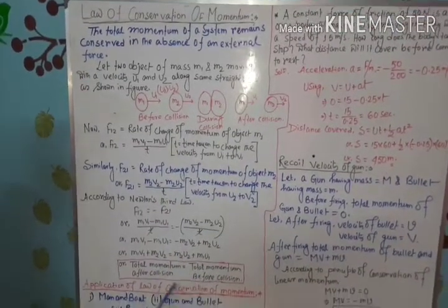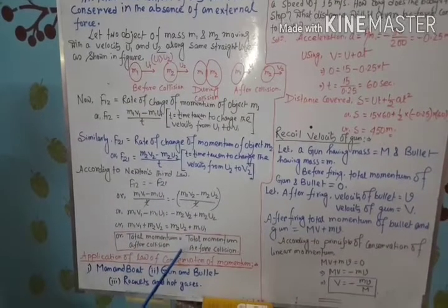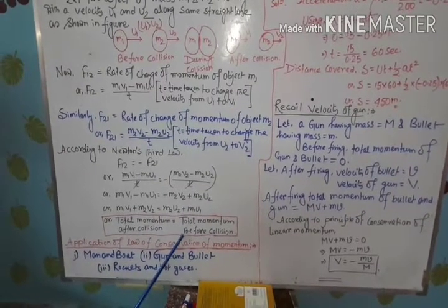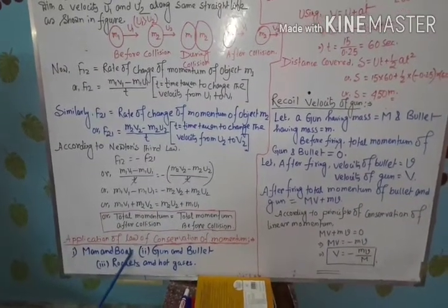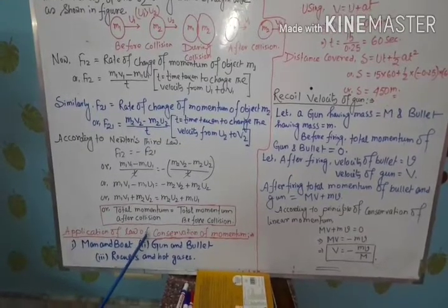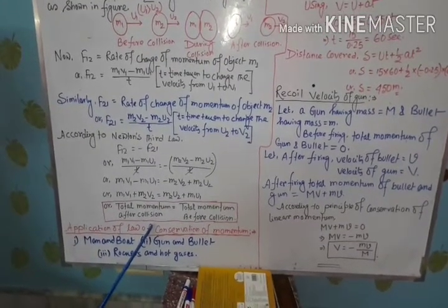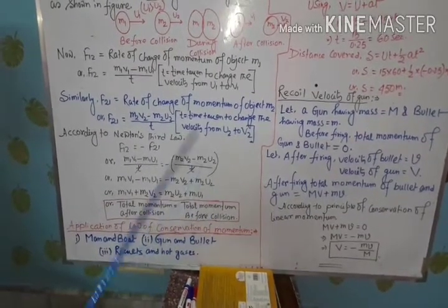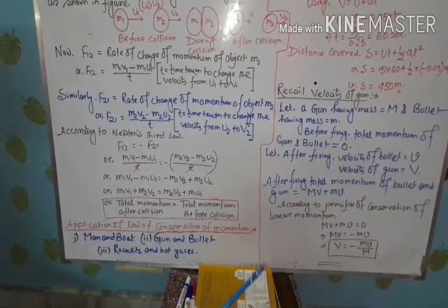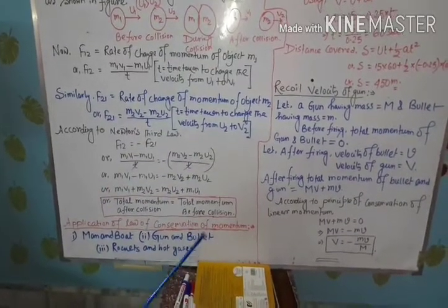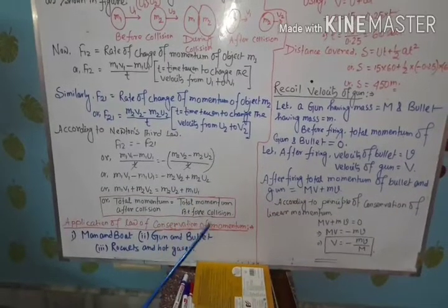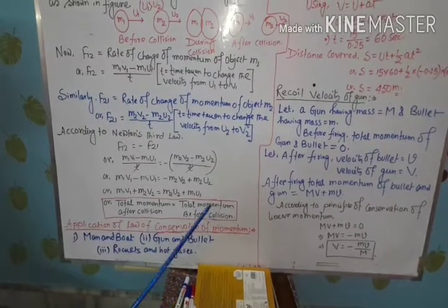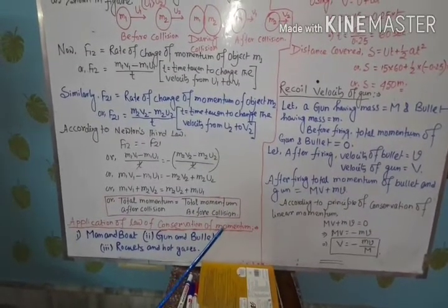Now, using this conservation of momentum, we can explain various phenomena which happen in our surroundings. Number one, man and boat. Whenever a man on a boat tries to reach the shoreline of the river, the boat moves in the backward direction. When the man is on the boat near the shoreline, before jumping, the total linear momentum of the man and boat is 0.